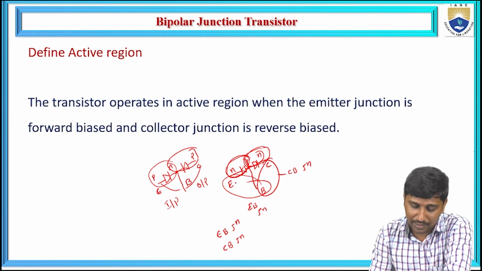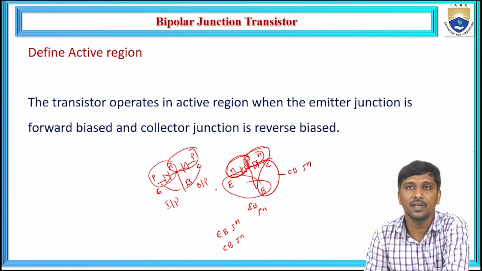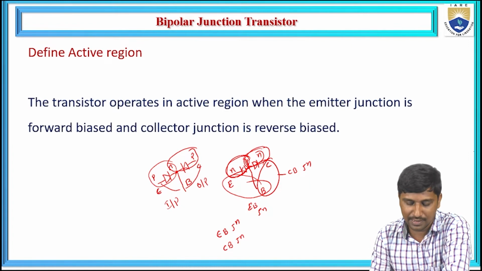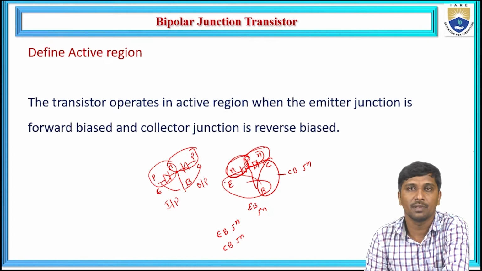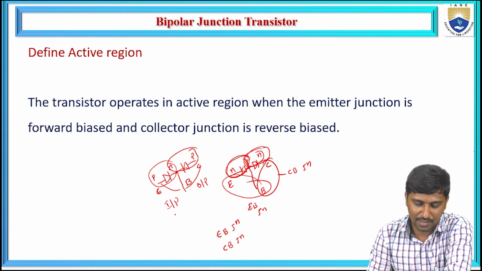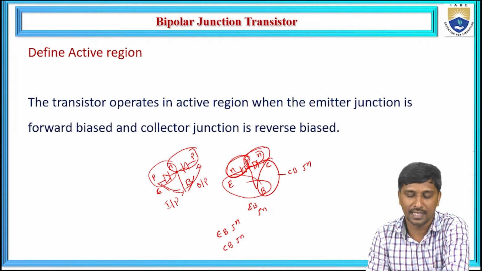Then at these junctions, if you want to identify the behavior of this particular device, we need to apply some amount of force, meaning the bias is applied between either the emitter base junction or the collector base junction.